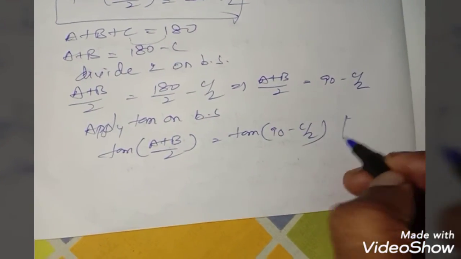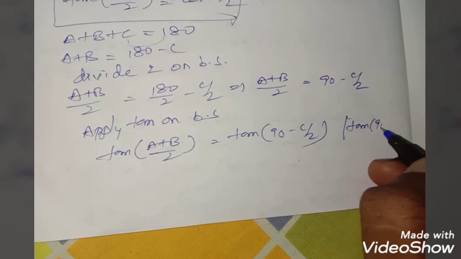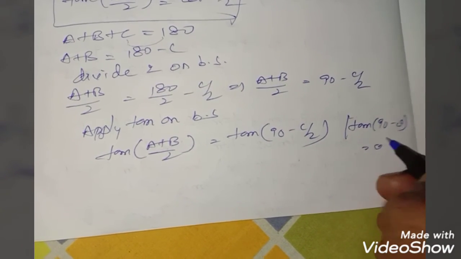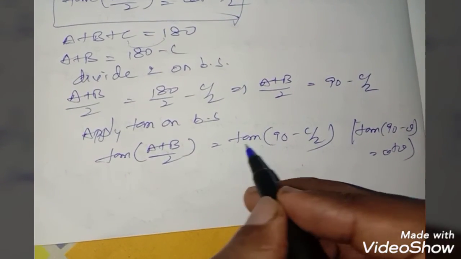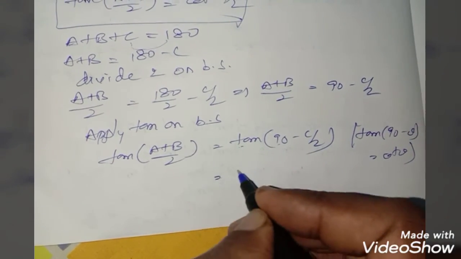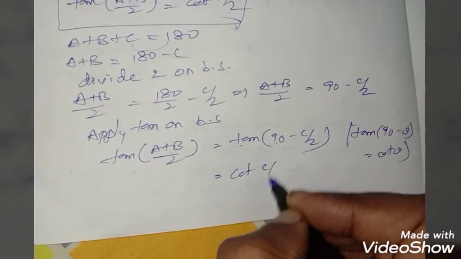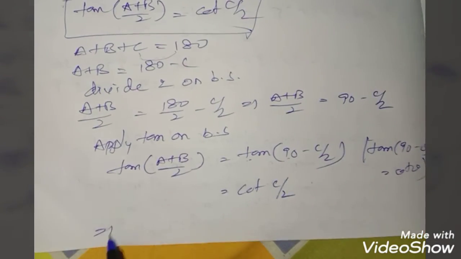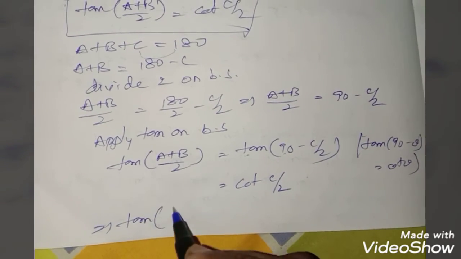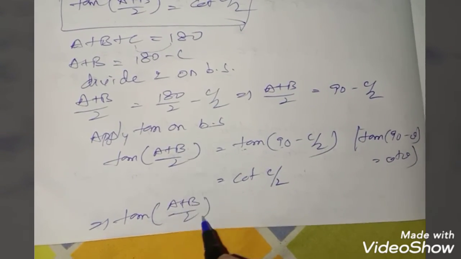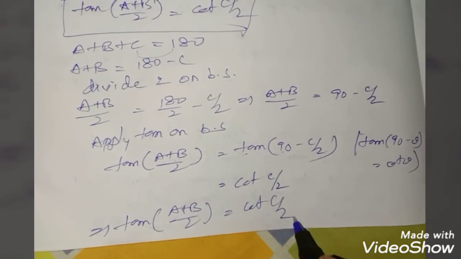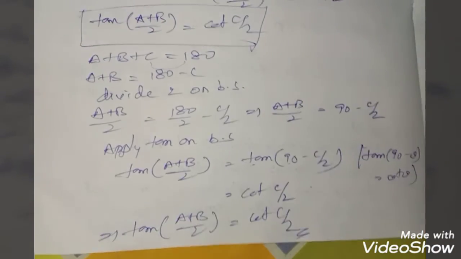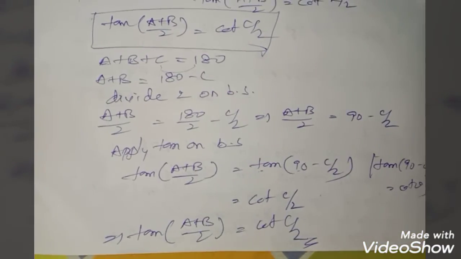As we know that tan 90 minus theta is equal to cot theta, I can write this tan 90 minus theta in terms of cot theta, right? So what is the final answer here? Tan of (A plus B) by 2 is equal to cot C by 2. This one you had to prove. So hope you people have understood.